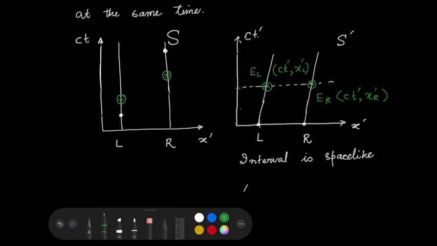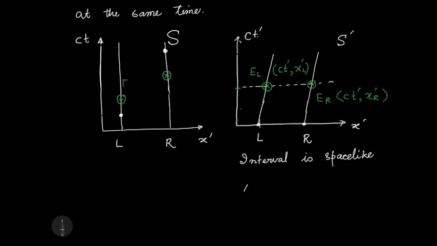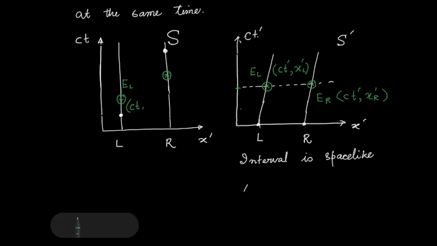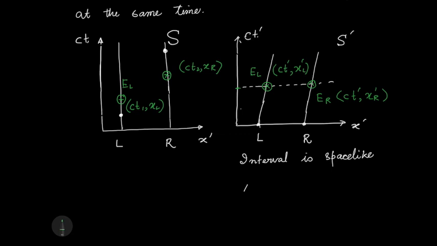But that really doesn't matter, because in this reference frame, wherever I measure the left end and the right end of the rod, they remain at the same place. So these two events, EL has coordinates CT1 and XL for the left end, and here it is CT2 and XR. Okay.